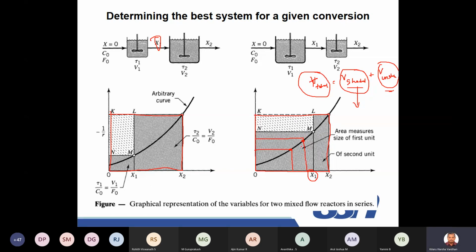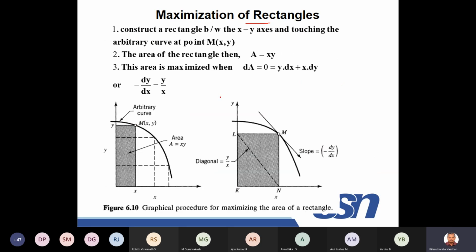So maximizing the rectangle is nothing but trying to calculate what x1 is, because the intermediate concentration is what is decided by this. Maximization of rectangles is to construct a rectangle between the x and y axes, touching the arbitrary curve at a point M. This is what you need to maximize. If you maximize this, the other thing will come down.